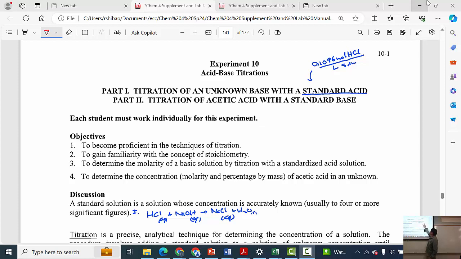Molarity is defined as the moles of component A, in this case HCl, over the liters of solution. So if I have 1 liter of that liquid solution, it turns out I have about 0.1096 moles. 0.1096, that's fairly precise. That's 4 sig figs. And not only that, that's pretty accurate. Somebody's tested the accuracy of that.